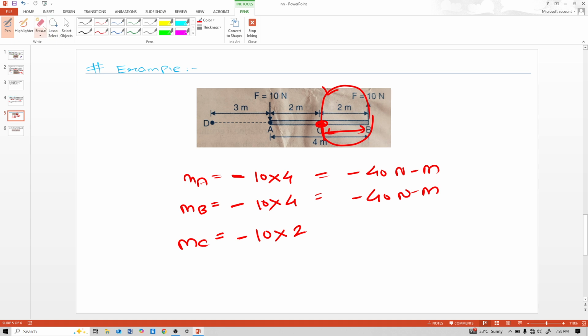And again remember, this force is also here, this 10 Newton. We are taking moment here. This 10 is also anti-clockwise. So again minus 10 into this distance between force and moment center, which is 2. So minus 40 Newton meter.